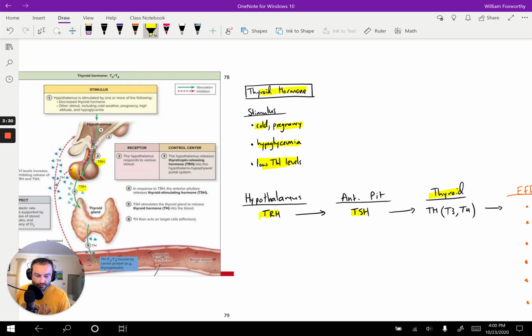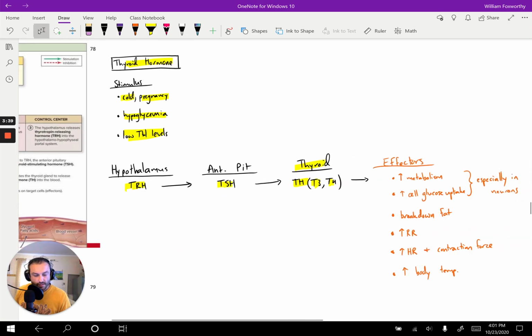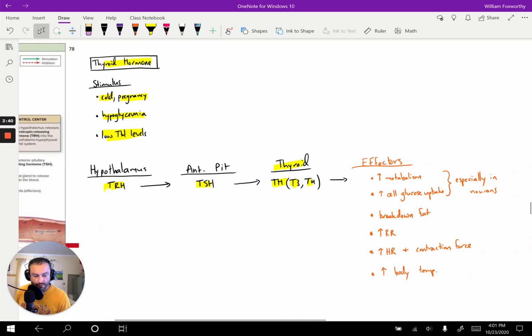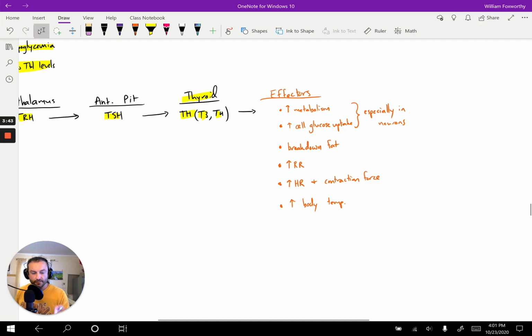The thyroid gland then produces thyroid hormone, which is T3 and T4.